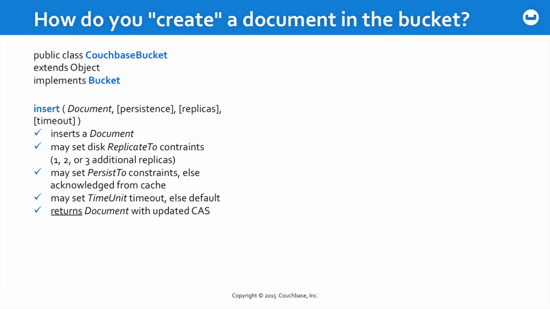You can also set a timeout value here for the request. As we've said, you can set these timeouts granularly. They can also be set globally as you create the cluster reference itself in your code. And then ultimately the insertion returns the document, but with the updated check and set value. Now just keep track of that, file it away. We're going to talk about that more in a later lesson, but keeping track of your CAS value if you need to manage optimistic locking is part of the insert method.